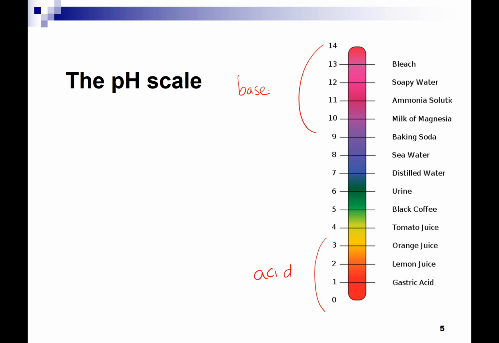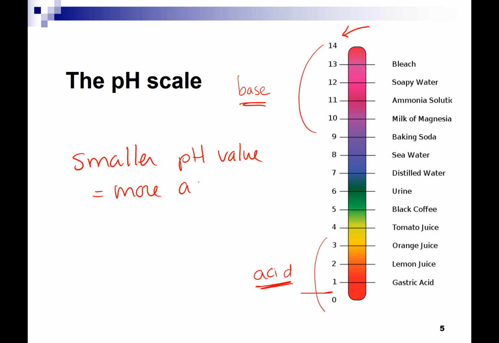The larger the pH, the more basic it is. The smaller the pH, the more acidic. So let's just write that down. Smaller pH value equals more acidic, which means there is more H+.